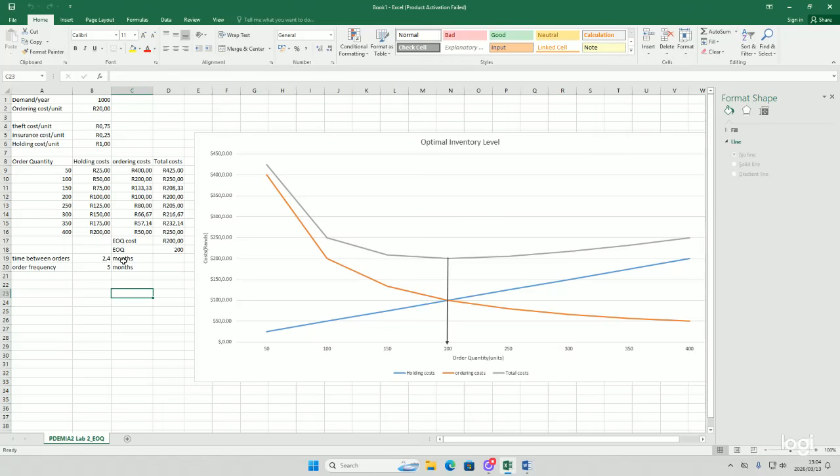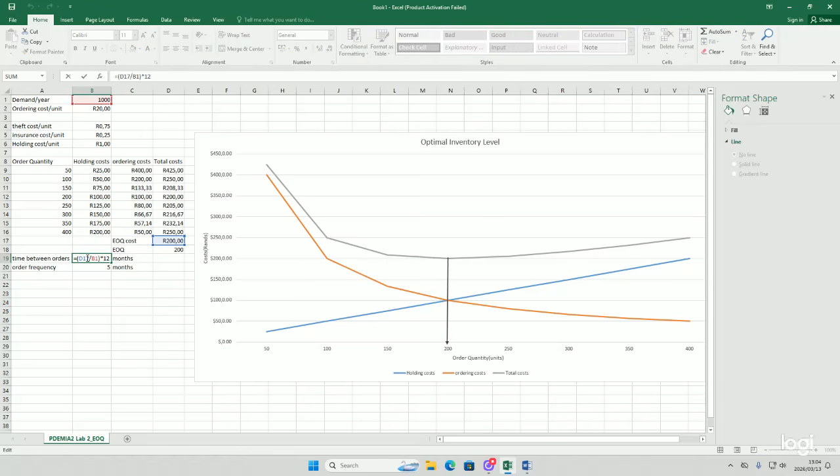And for your time between orders, please make sure that you calculate it in months. Don't calculate it in years. How do I see that you have calculated in months?